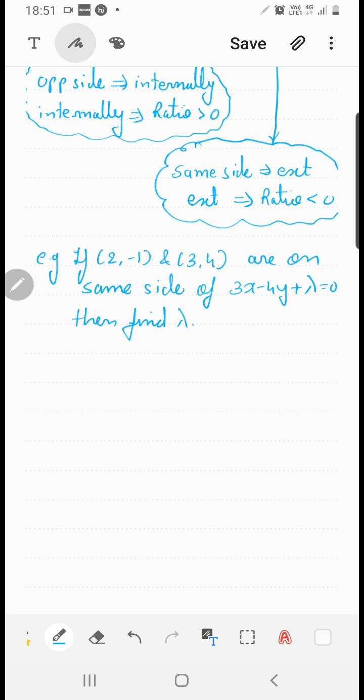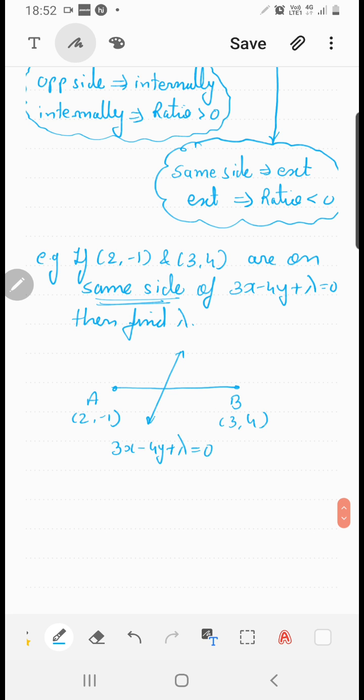There I directly said externally, here I am saying they are on the same side. So here what I do is I think of ratio. And for that we draw a rough diagram here. You have a point A 2 comma minus 1, you have point B 3 comma 4, and the equation of line is 3x minus 4y plus lambda is equal to 0.